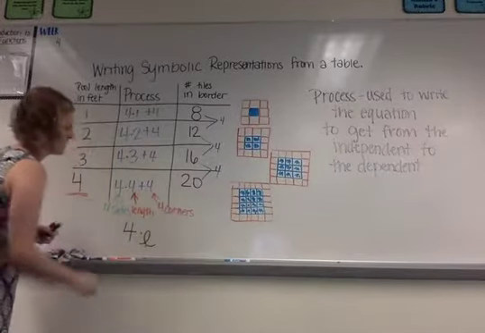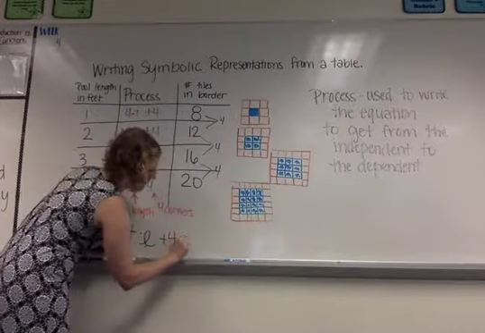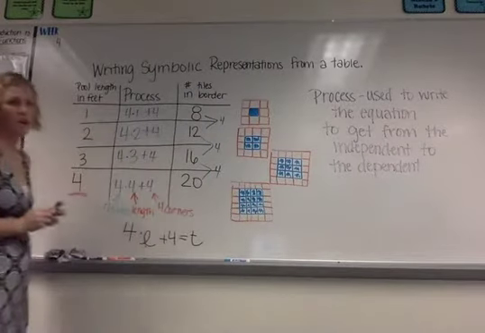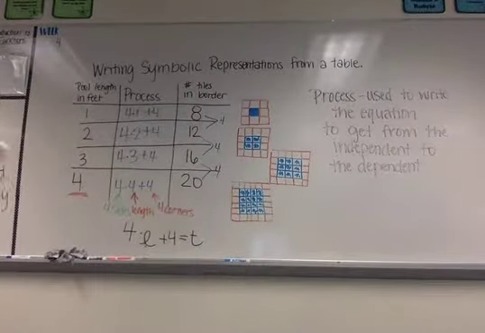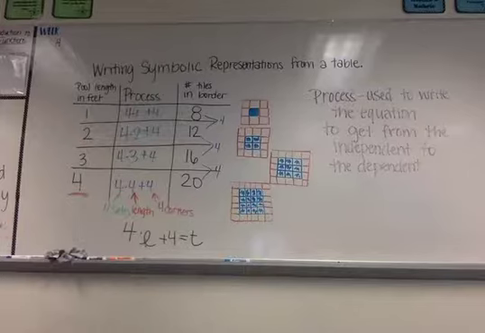So 4 times L plus 4 gives me my number of tiles. So it's 4L plus 4 equals however many tiles. So that is your symbolic representation.